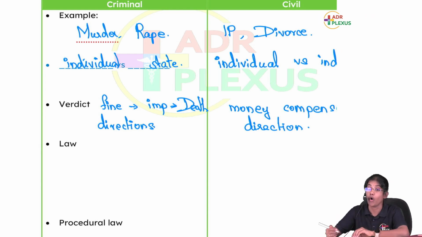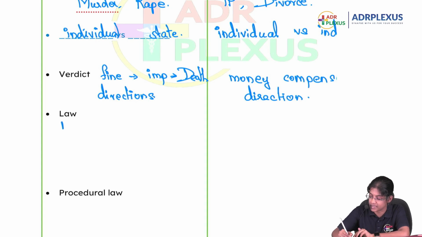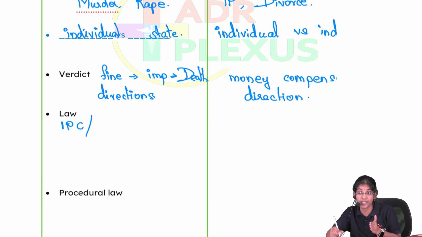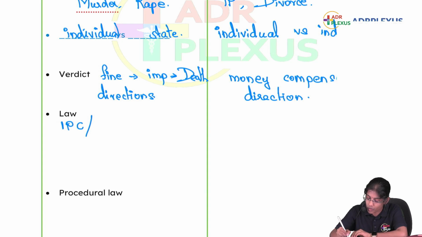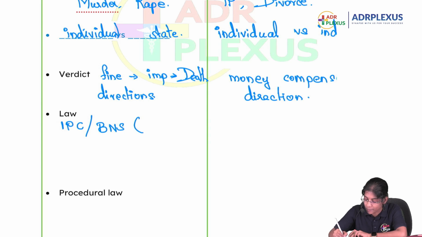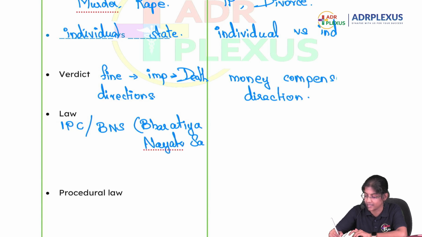They give directions. Now, laws that come into it. Previously, we had IPC, Indian Penal Code. So now remember, offences which have been committed before the implementation of BNS will still be dealt with in IPC only. Now today you have BNS, Bharatiya Nyaya Sanhita.